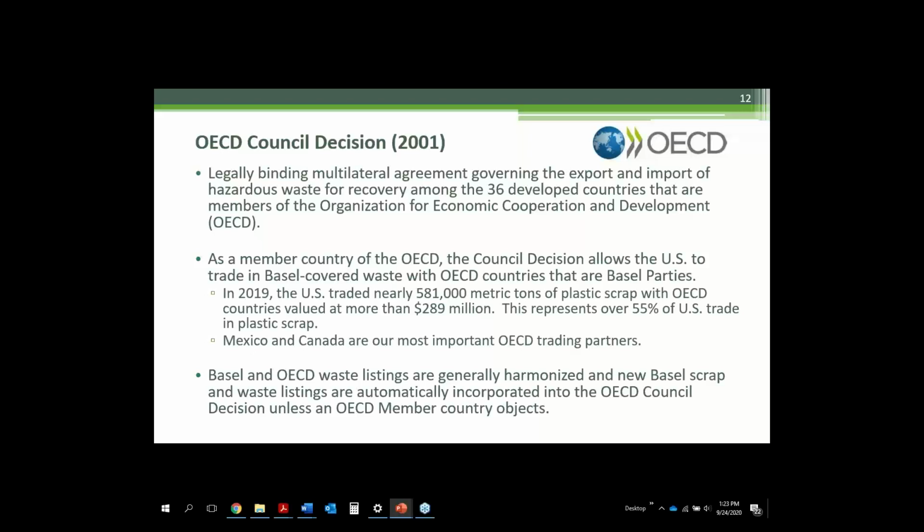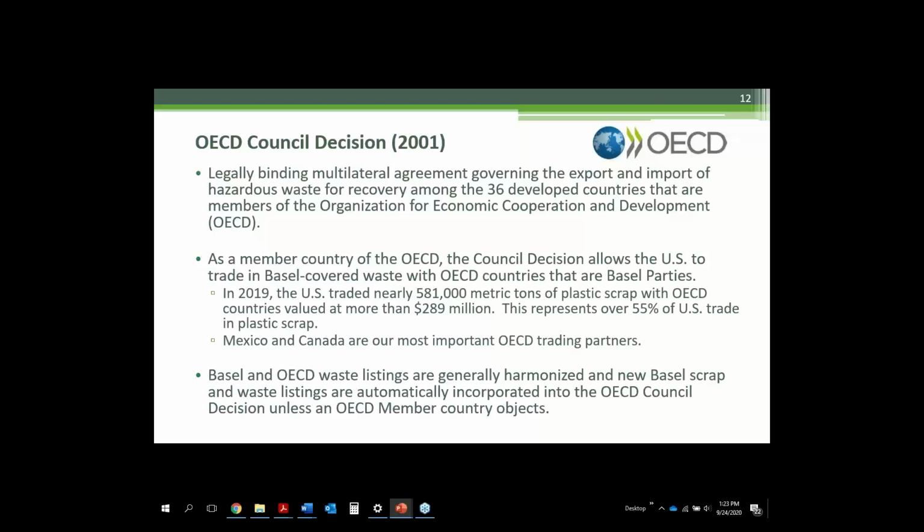And so that agreement is still in place. Even though you have Basel, the OECD Council decision allows for a more streamlined procedure. So the OECD countries like it and retained it even though Basel exists. One of the nice things about the OECD Council decision is it allows us to trade in Basel covered waste with OECD countries.